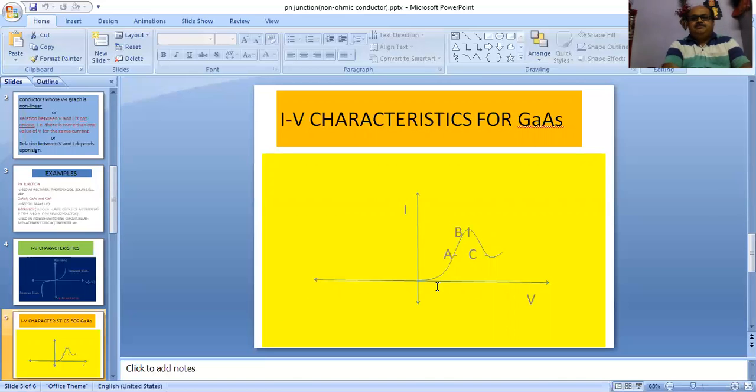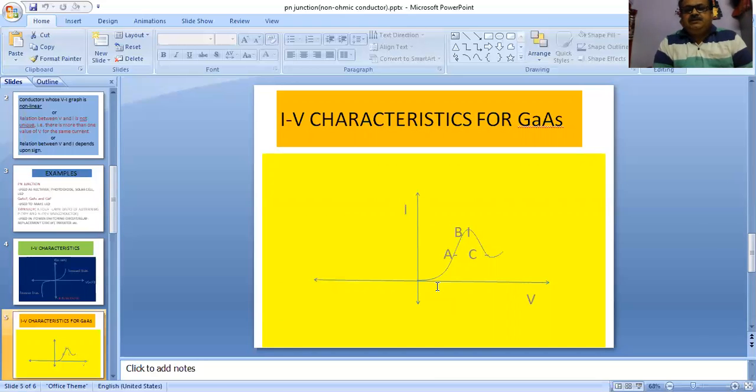So what do we observe? When we move from origin to top point B, there is a positive change in the resistance of the non-ohmic conductor. Whereas when we move from B to C, there is a negative change in the resistance. In the board examination, this is asked also.